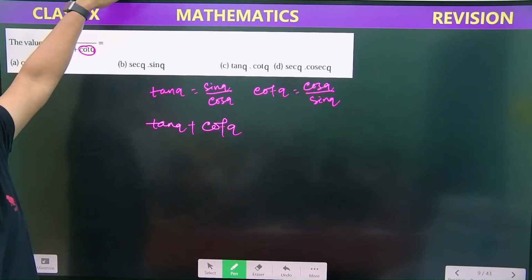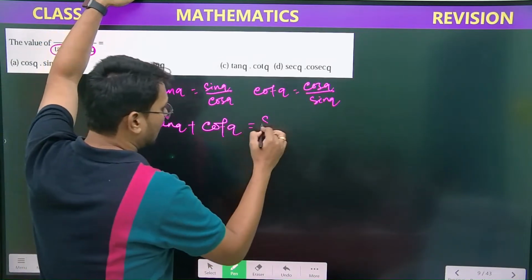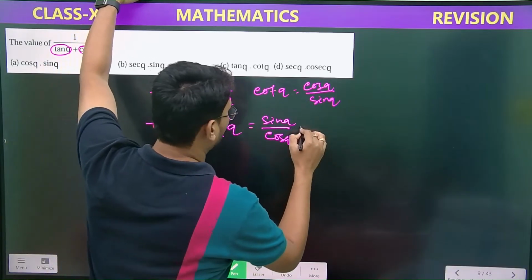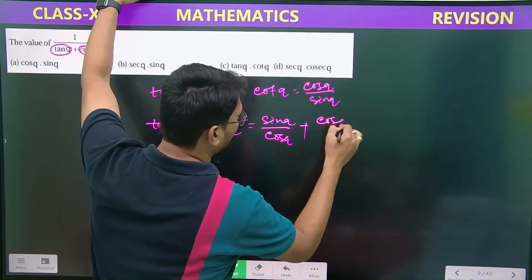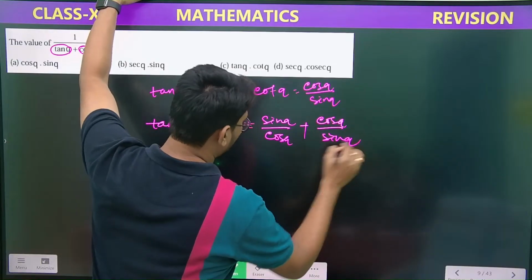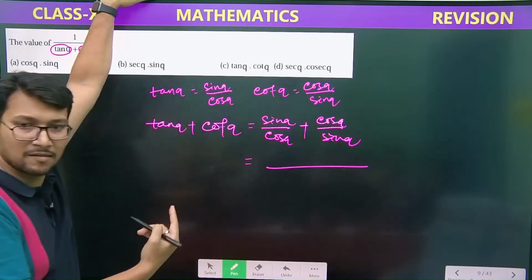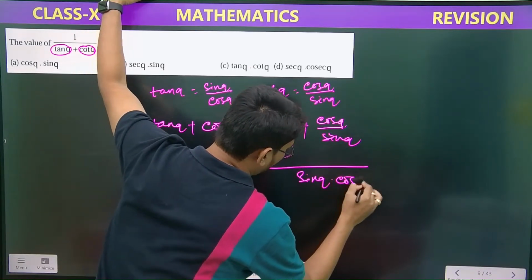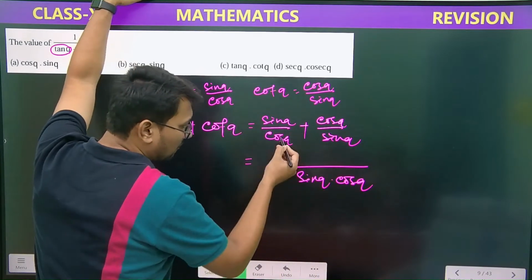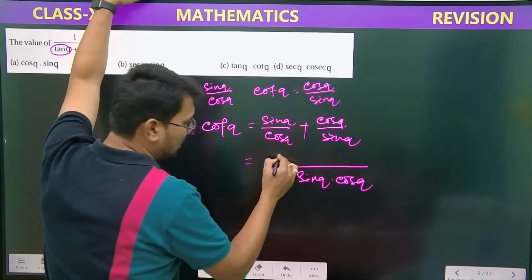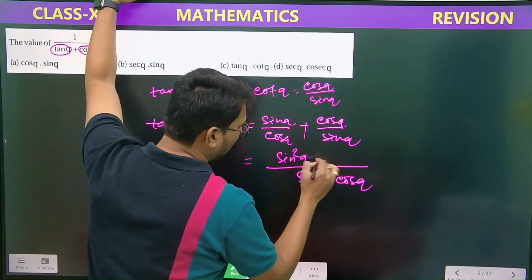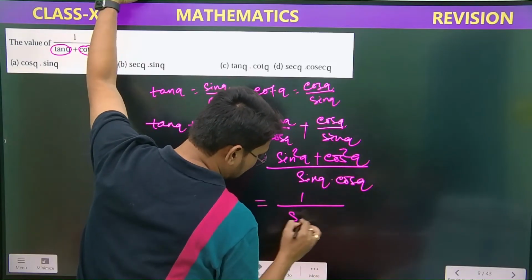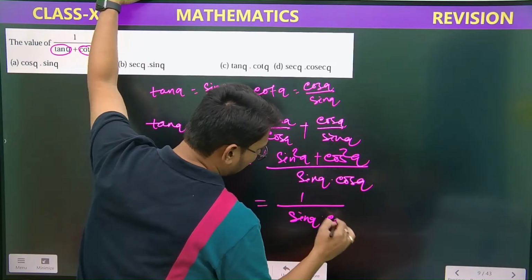Then after that we have to find the reciprocal. So children, what is it? sin q by cos q plus cos q by sin q. Now tell me what is the LCM? Sin q into cos q. While dividing you'll get sin square q plus cos square q, that is 1 by sin q into cos q.